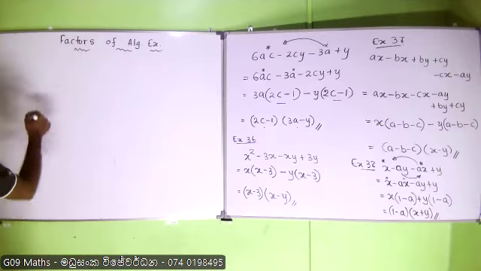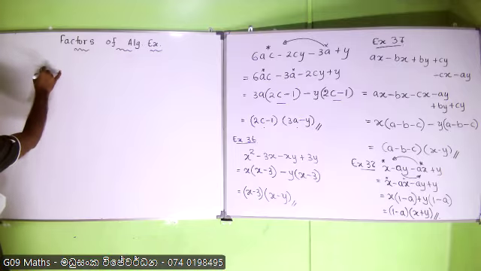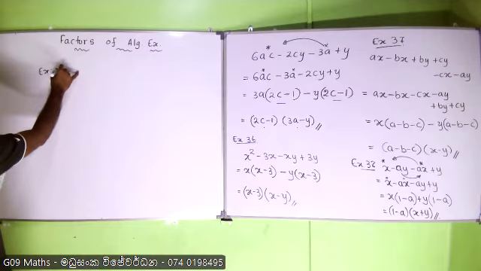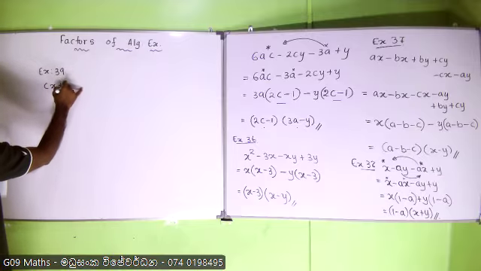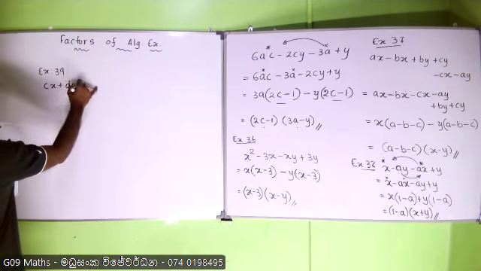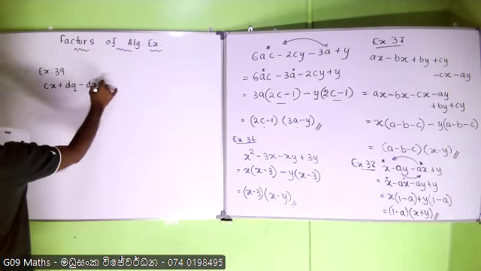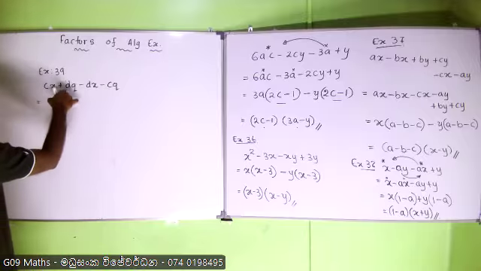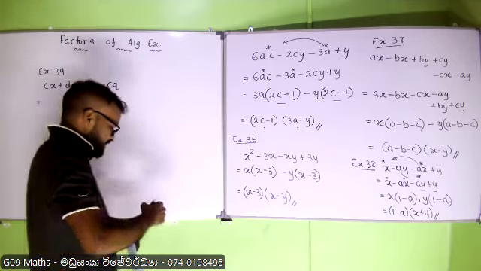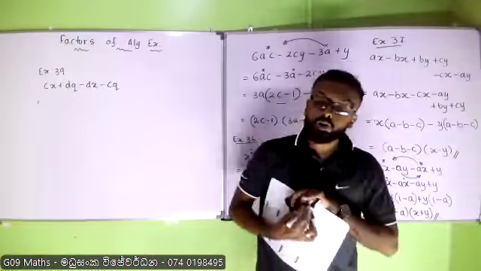Example number 39. cx plus dq minus dx minus cq. Alright. cx plus dq minus dx minus cq. First of all, what are you going to do?